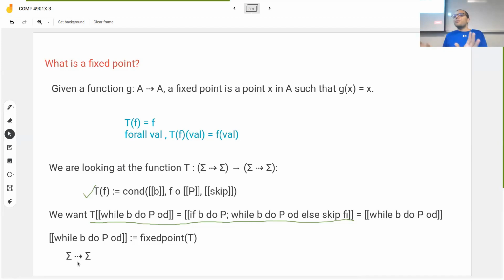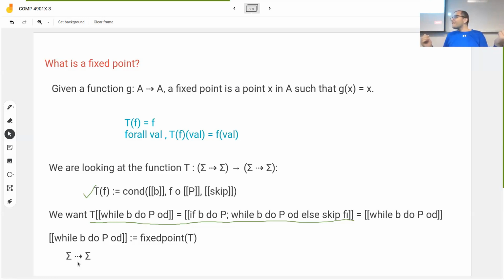Okay, that's how I compare my functions. So when I say I want my least fixed point, I want a fixed point that has the smallest possible domain, that is as undefined as possible. It's undefined on the largest possible subset of states among all the fixed points that I have.